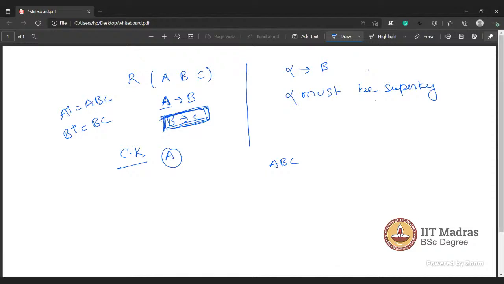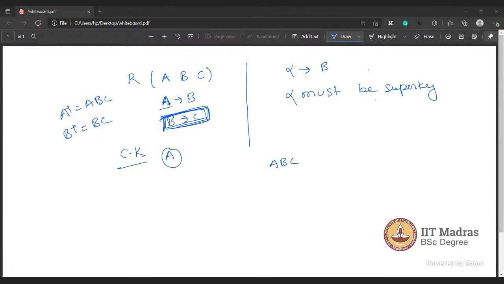We can also decompose directly into BCNF. Okay, Subhendu, let me add something. Suppose assume these two are the functional dependencies: A to B and B to C. Forget about the other functional dependency. And assume that A and C are the candidate keys.